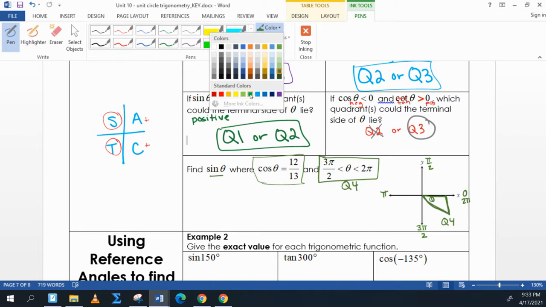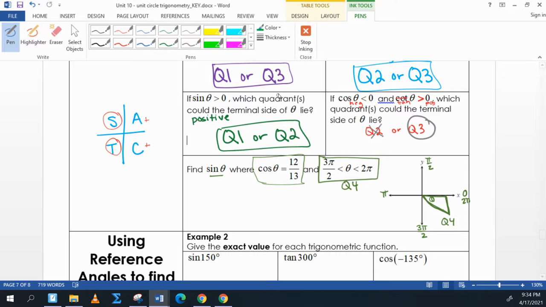But all we're going to do, just like last unit, is we're going to label. So we know that the cosine, before we even label, let's remember our SOHCAHTOA. They've told me my cosine. They've said that the cosine is this. Remember, the cosine is the adjacent, so this 12 is my adjacent side over the hypotenuse.